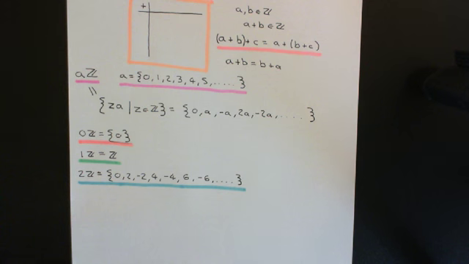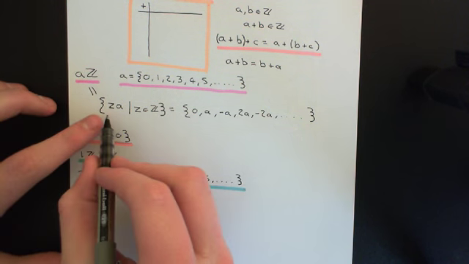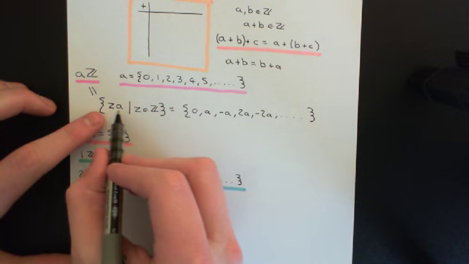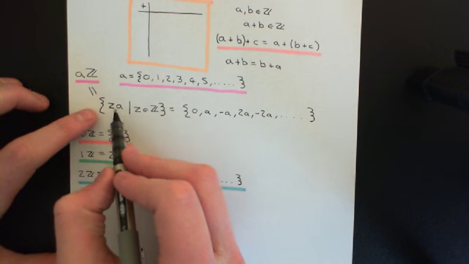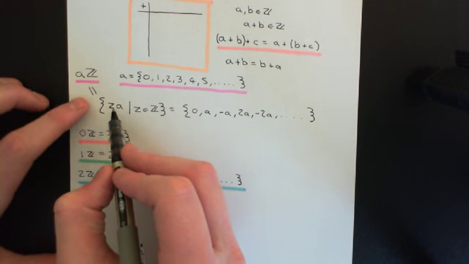Okay, so now let's try and extend that argument to the arbitrary az here. Let's now think of why az is going to be closed under addition. What we want to say is that whenever I take 2 elements of this set, az, and add them together, I'll get another element of this set, az.